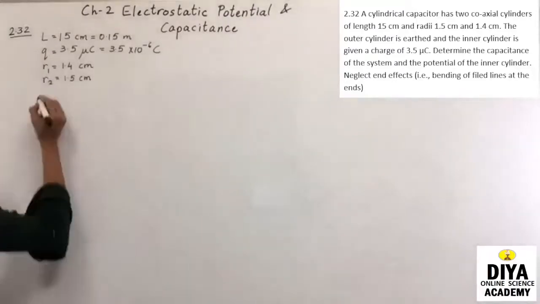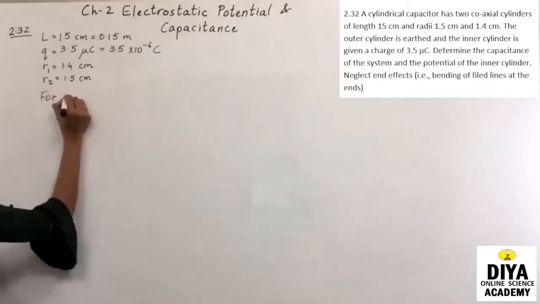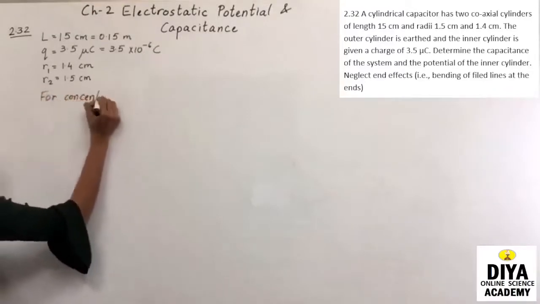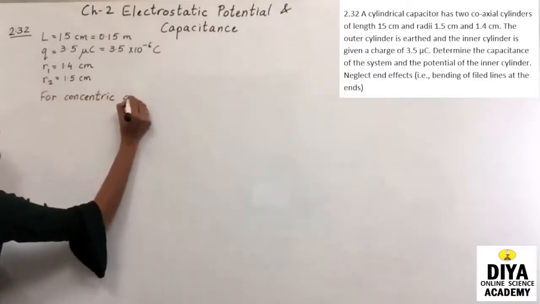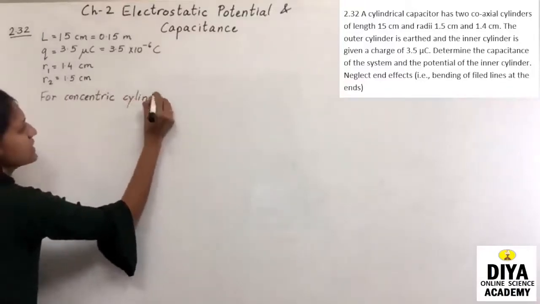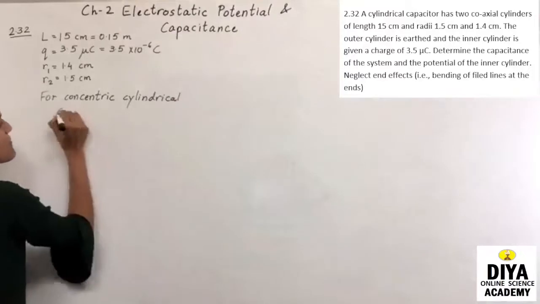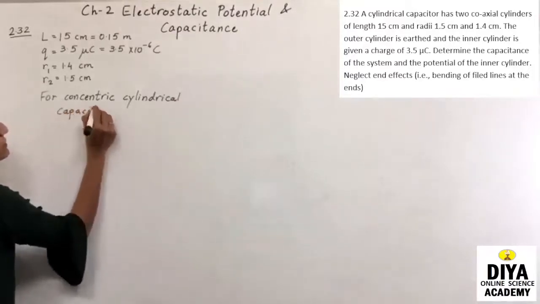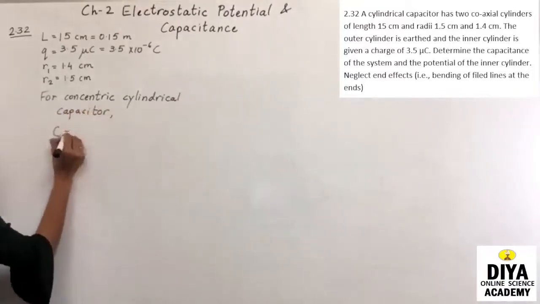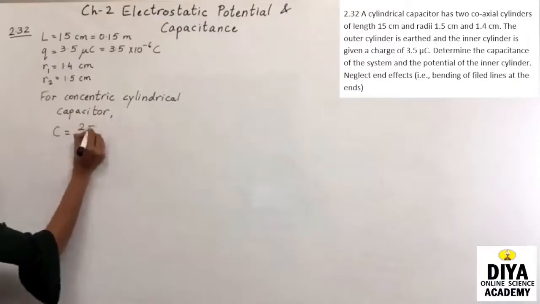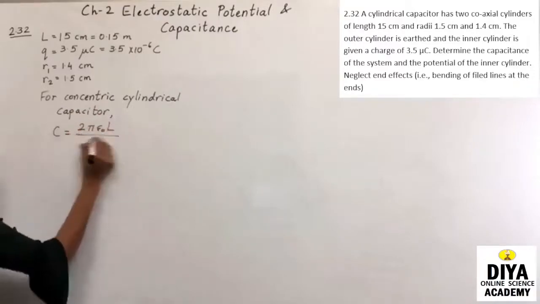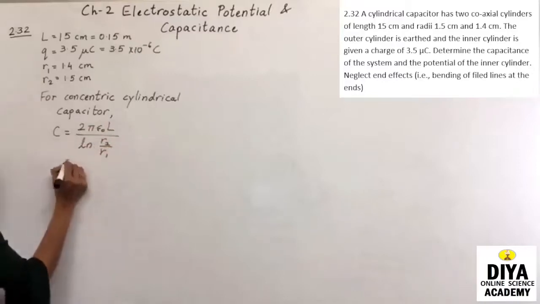So for a concentric cylindrical capacitor, C equals 2 pi epsilon 0 L by ln R2 by R1.